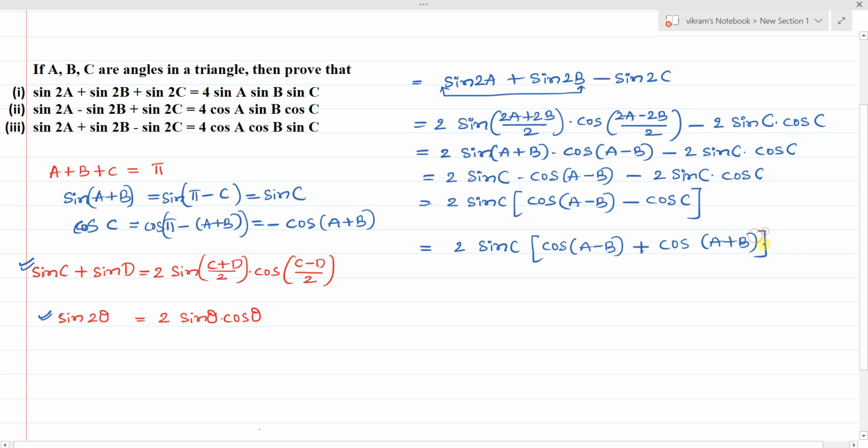And we know the formula that cos of (A plus B) plus cos of (A minus B) is 2 cos A cos B. And finally we can write the solution as 4 times cos A into cos B into sin C.